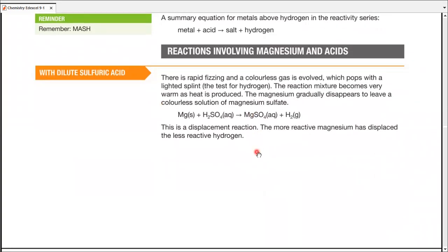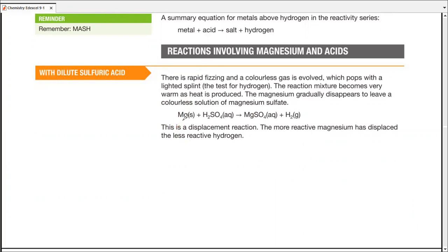Reactions involving magnesium and acid, for example, I've already considered this example, but I was talking about a different acid. They have considered sulfuric acid. However, what the book is going to tell you on top of just the equation is also the observation. So let's consider the whole thing, because this time it's not just the reaction we're concerned with, we're also going to study observation.